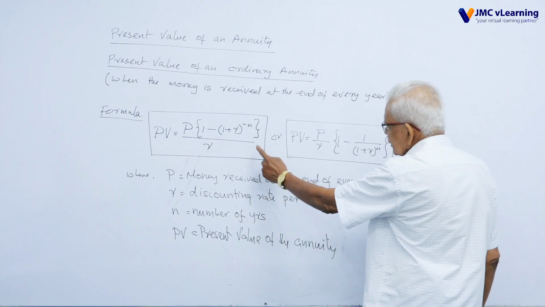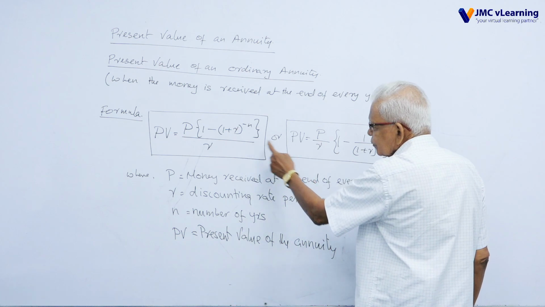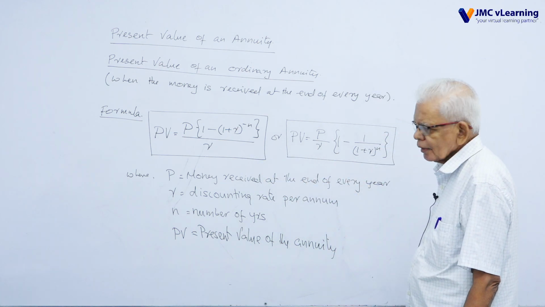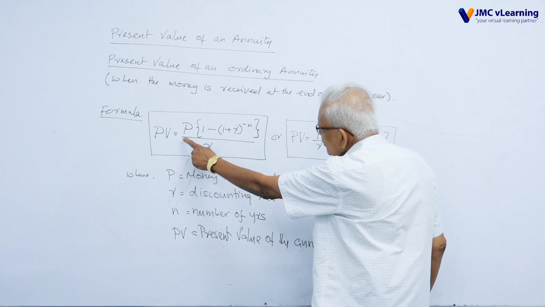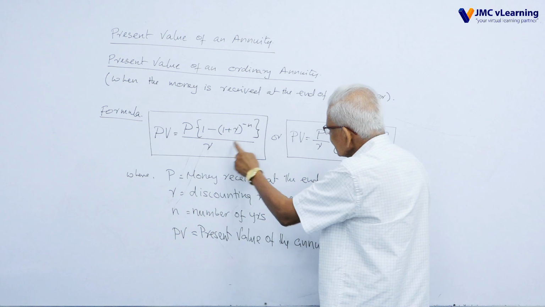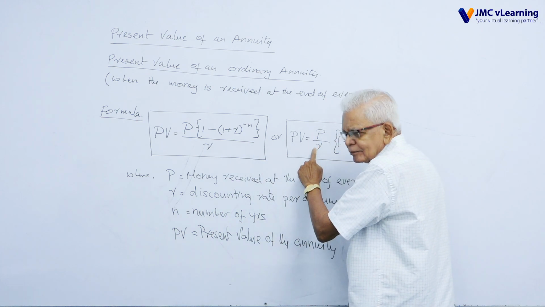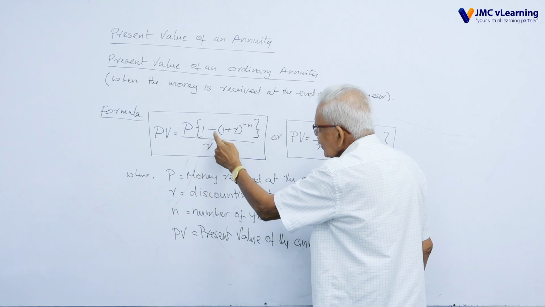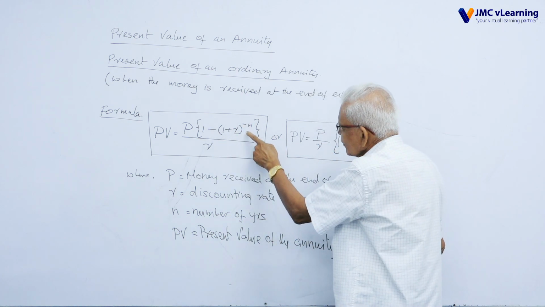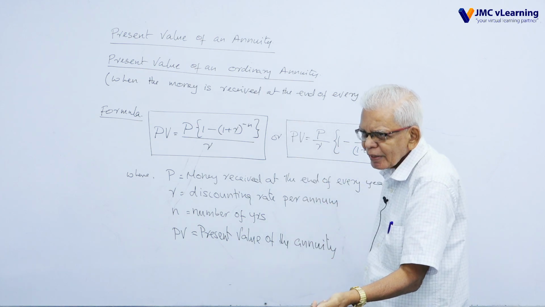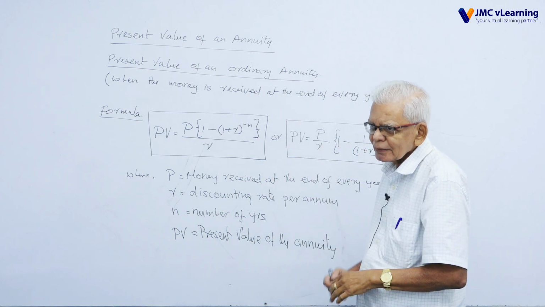Now see the relationship between these two formulas, both are same. Why? Divided by R, now here the whole thing is divided by R, no? Here we have written P upon R. We took this R here as P upon R. Then the double bracket 1 minus 1 plus R to the power minus N. If you take it to the denominator, what will happen? The index becomes plus, no?